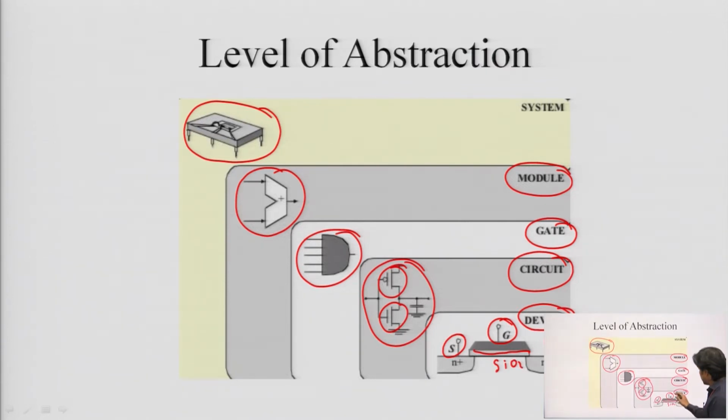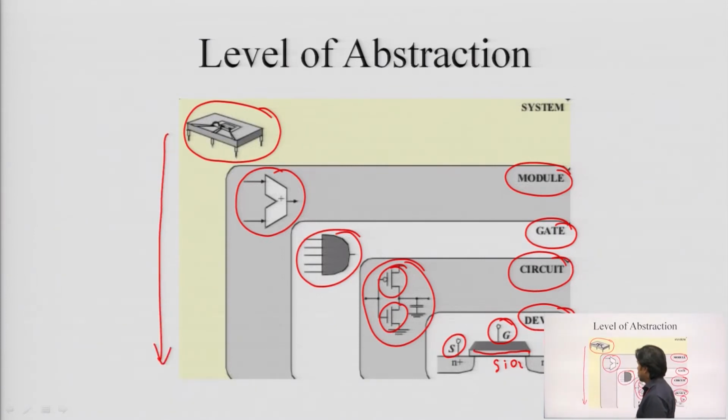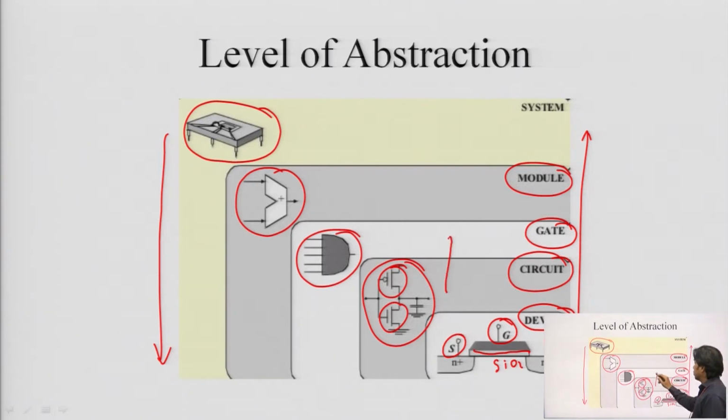Clear. So, this is how we can follow the top-down approach, or apart from that you can also go for the bottom-up approach. You first have a material for the device, then you can go for the circuit level implementation. Once that is done, you can go for the gate level design.